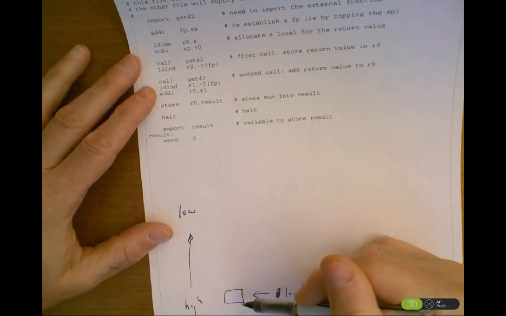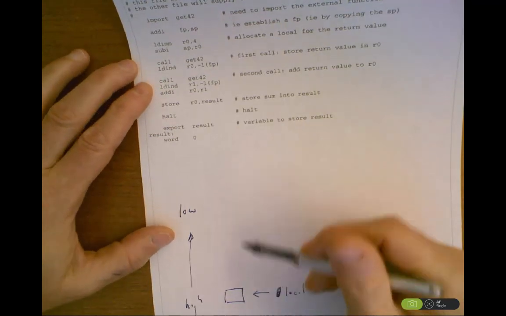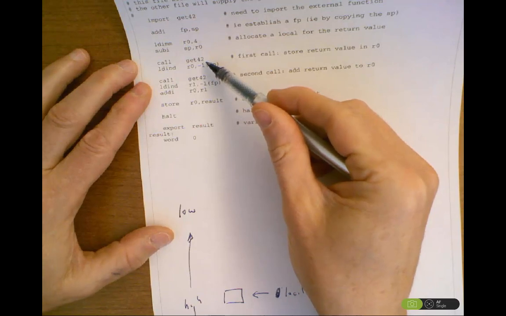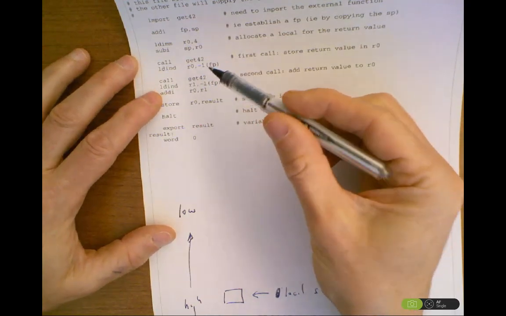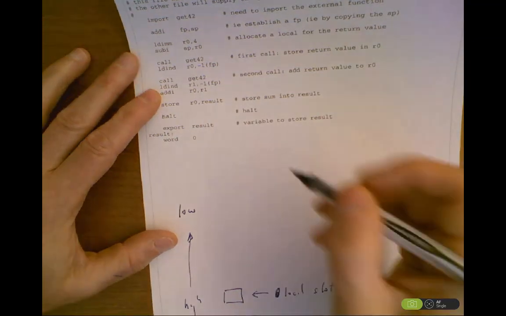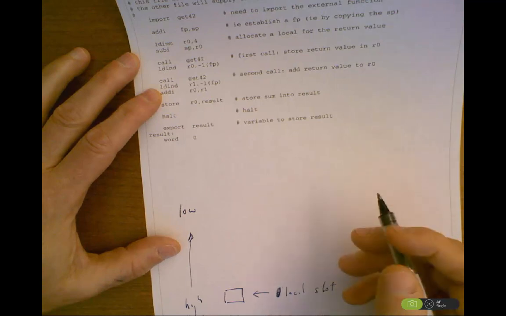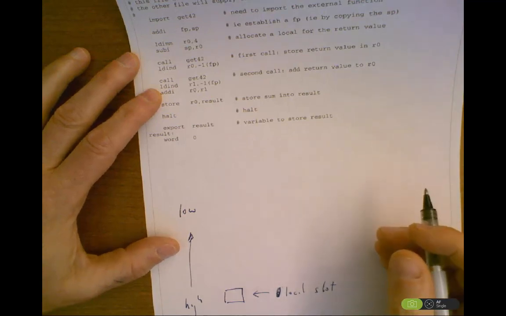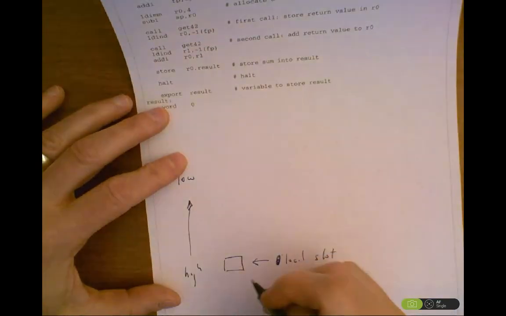Again, I don't have a recursive function here, so it's pretty straightforward, but the stack is just going to grow for the first call to get42 as I remember the return address on top of the stack and the old frame pointer, and then it shrinks back. Notice the local slot that I allocated here is going to be accessed as a negative offset off the frame pointer, because where is the frame pointer pointing?